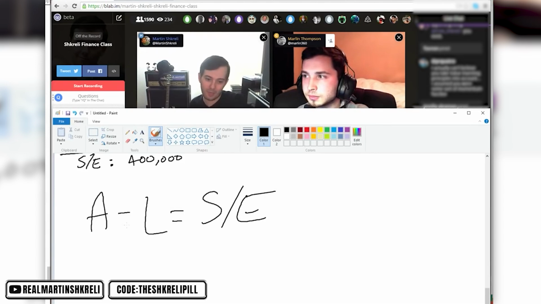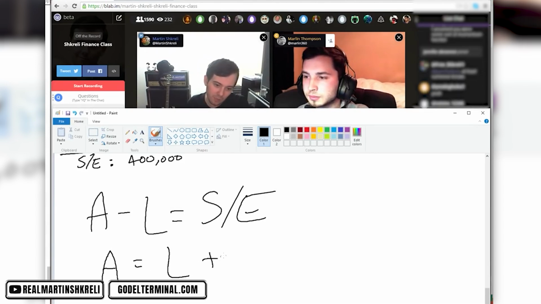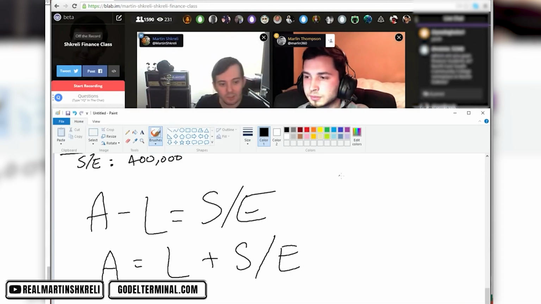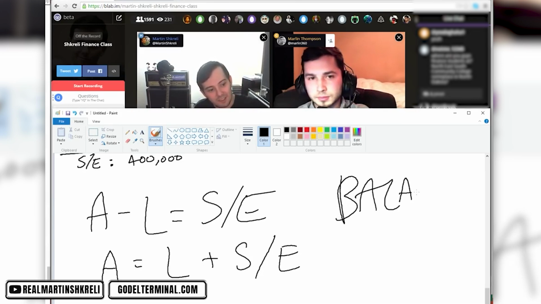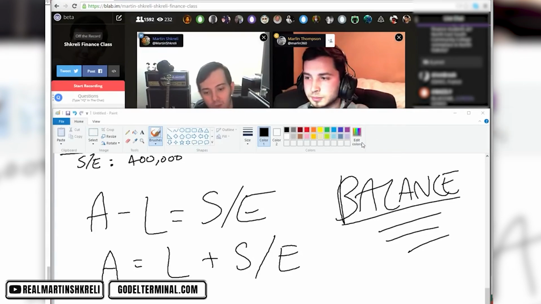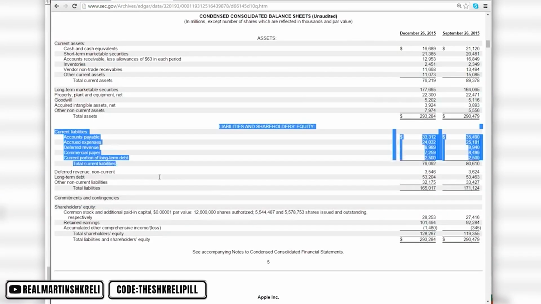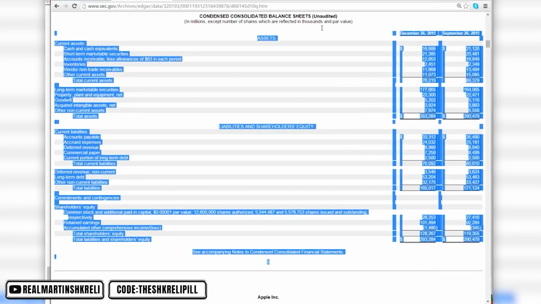And if you know your algebra, you can add liabilities to both sides, and you can see that assets will always equal liabilities plus shareholders' equity. That's because a balance sheet balances. That's the concept. It has to balance on both sides. And we'll learn more about this if we ever look into accounting. But this is the basic gist of a balance sheet.